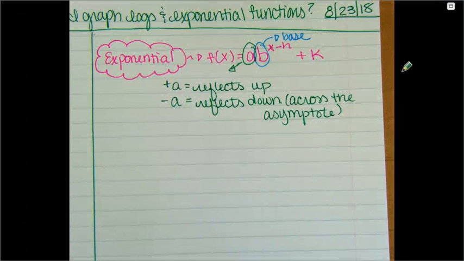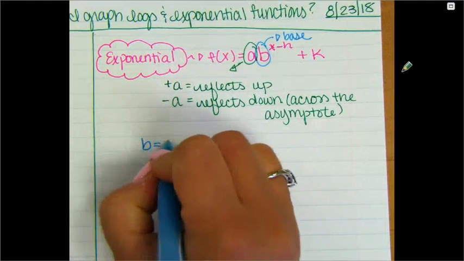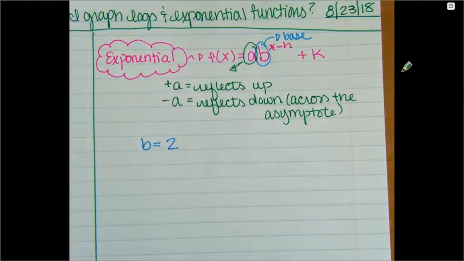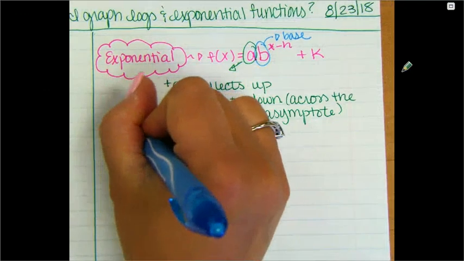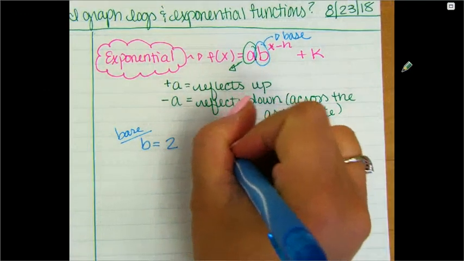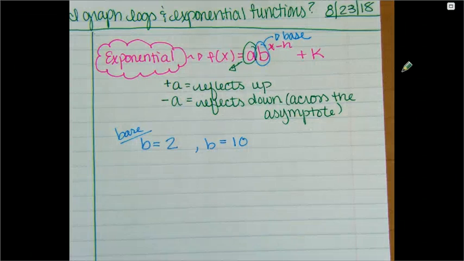So let's talk about base a little bit. Your B can be like the number 2, right? Your base can be 2. Or you could have like 10. Yes, true.